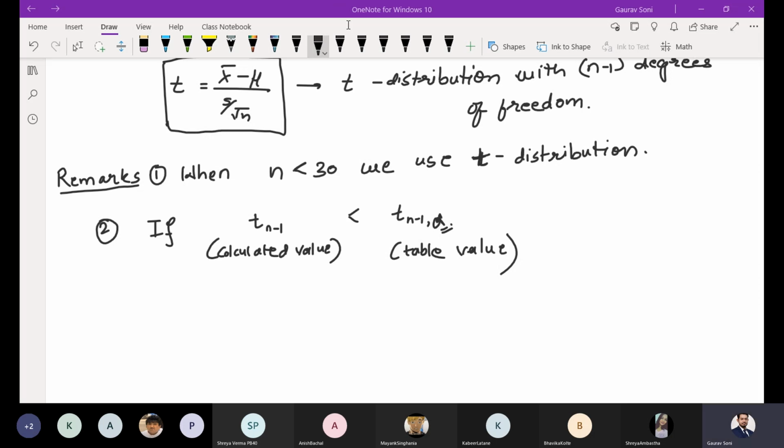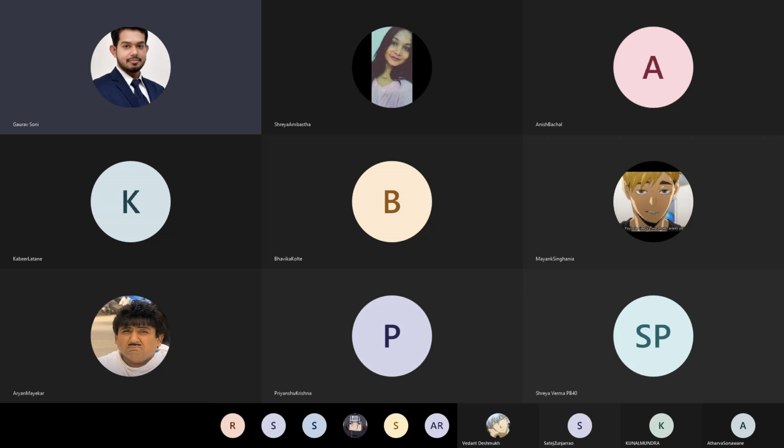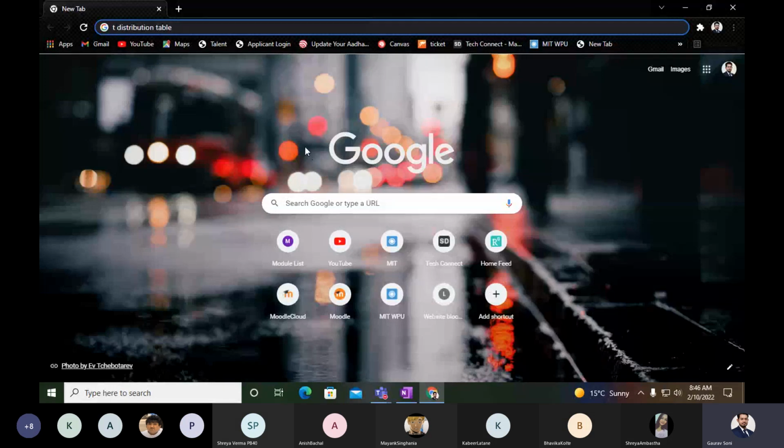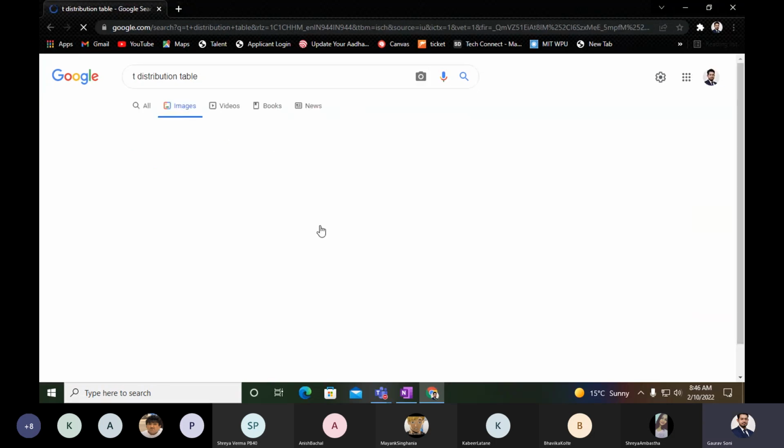Say t. You can simply Google the table, t distribution tables. So you can see here.